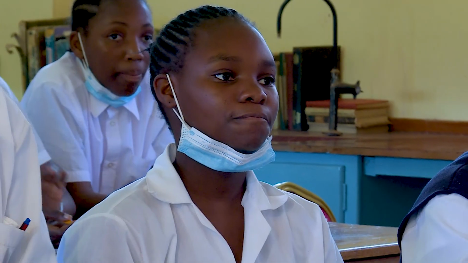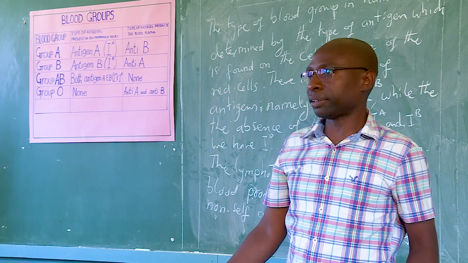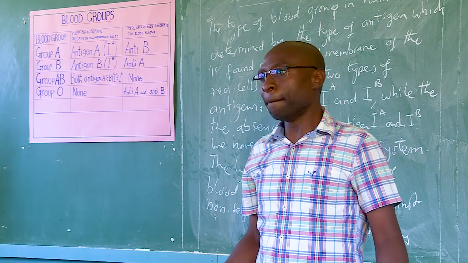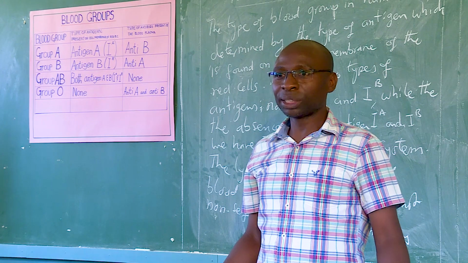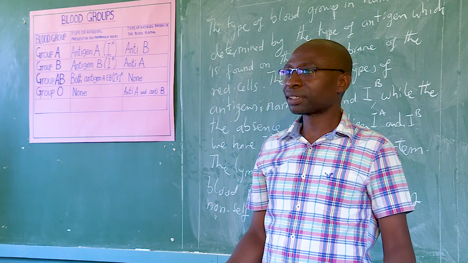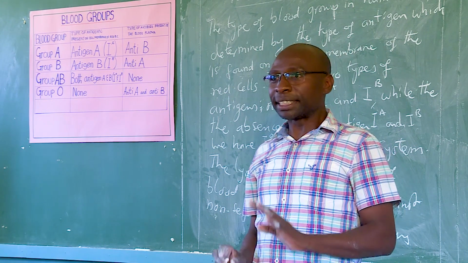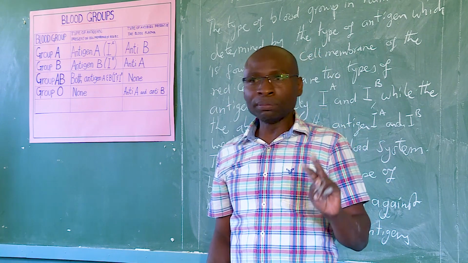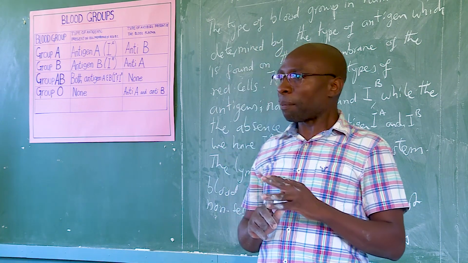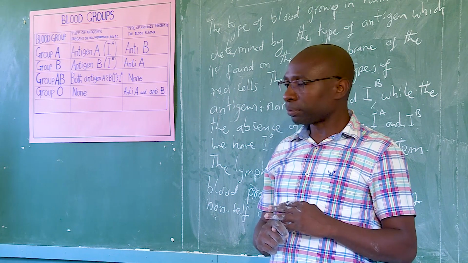Other instances where someone cannot have enough blood. Yes, Peggy? When they have a disease, for example. Correct. Due to an infection or a disease, they may lose blood, especially when they have malaria. Okay? Do you have another one? Okay, so there are only two major ways a person can lose blood.